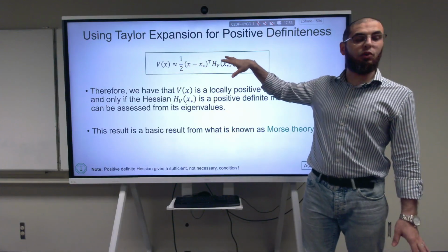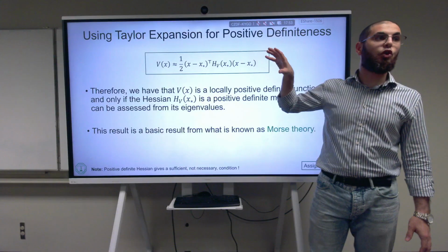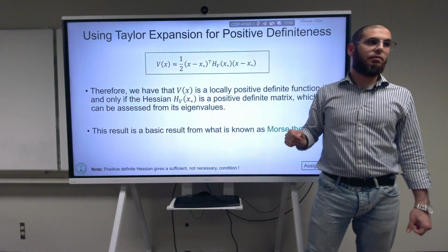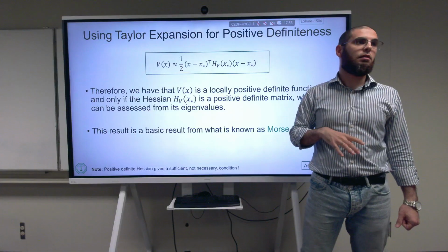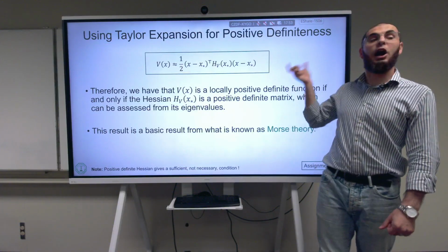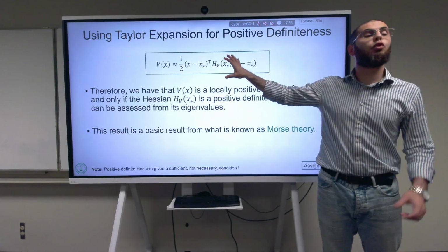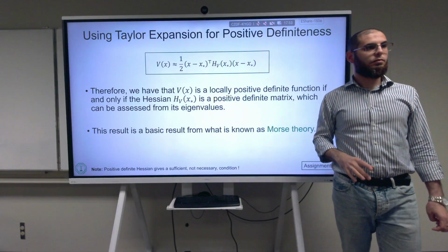However, if it has zeros here, you cannot conclude that the function is not positive definite. So it's sufficient, but not necessary, because the higher order terms can make it positive definite, while this term can only show positive semi-definiteness.